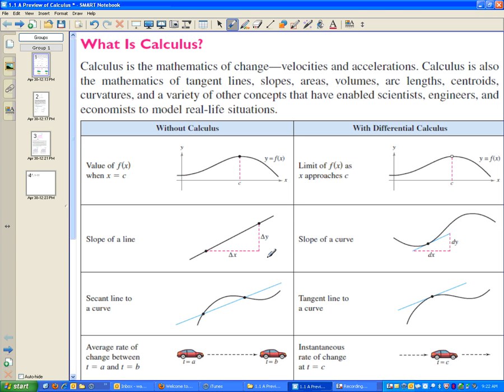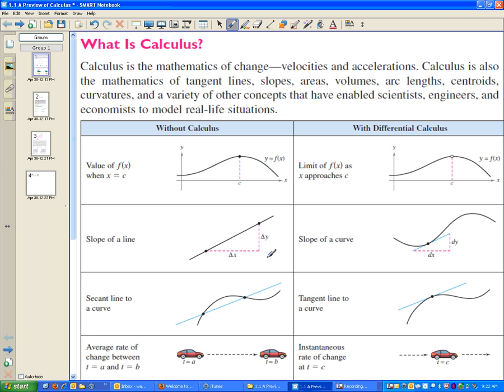We're going to find slopes of curves. All right, things that don't travel in a linear fashion. Okay, because the world's not linear. We think it is, and we use lines to model things, but for the most part, the world's not really linear. Okay, so we're going to talk about rates of change, velocities, acceleration.